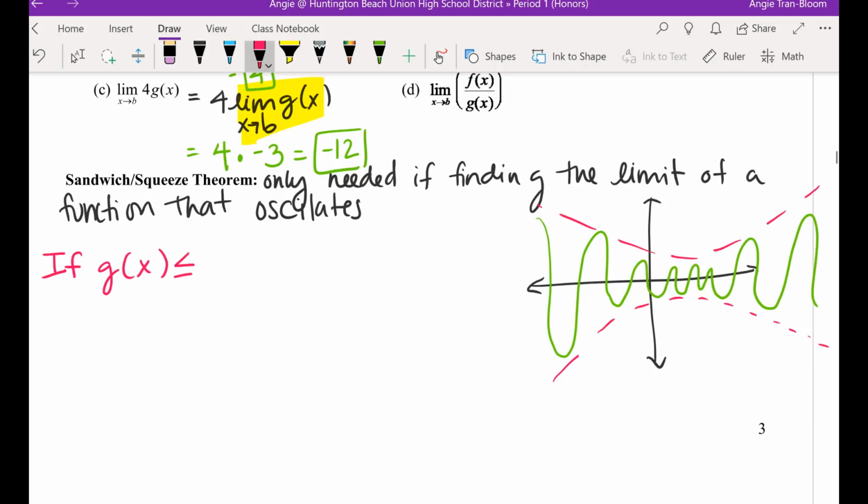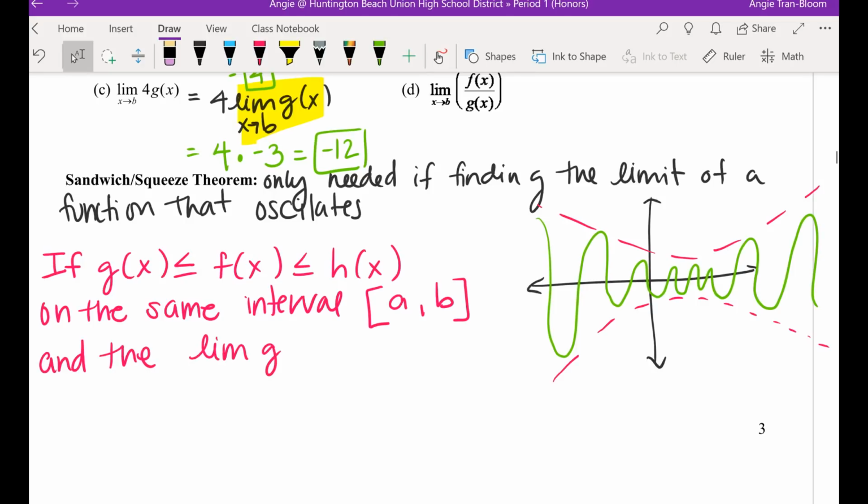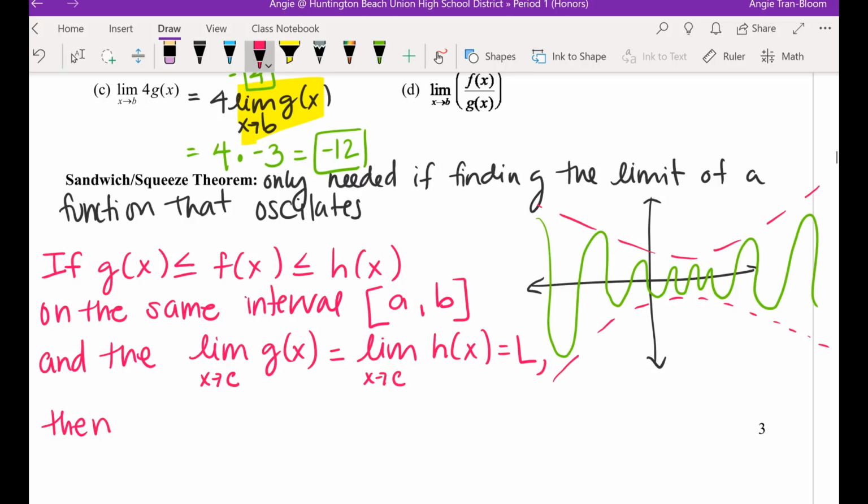If g of x is less than or equal to f of x, which is less than or equal to h of x, on the same interval, let's call this inclusive interval from a to b, and the limit of g of x as x approaches some value called c is exactly the same as the limit as x approaches c of h of x, which let's call L, then the limit as x approaches c of the middle, f of x, also needs to equal L.